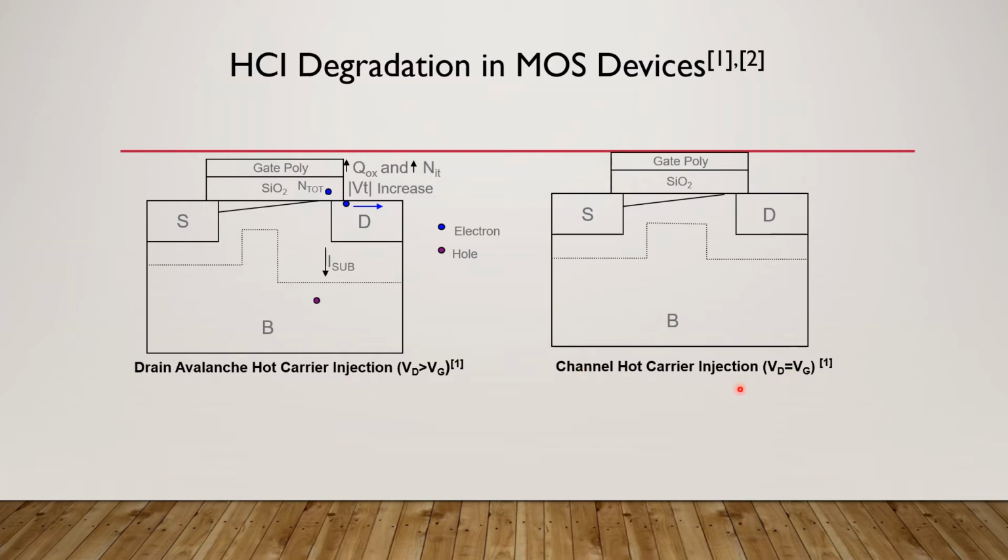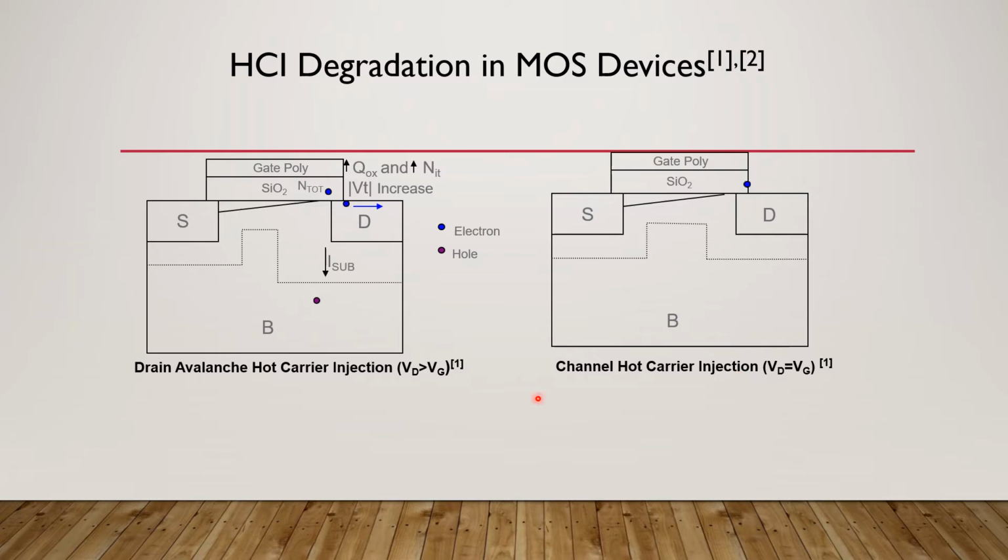What about channel hot carrier injection, for which Vd equals Vg? This is the bias condition indicated for channel hot carrier injection. Now what happens is that the same electron reaches the drain, and it is so hot that it immediately gets captured by the SiO2 layer close to the drain, and that is the cause for the increase in the threshold voltage due to channel hot carrier injection.